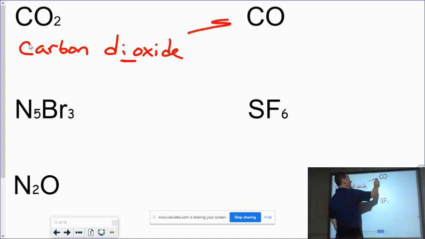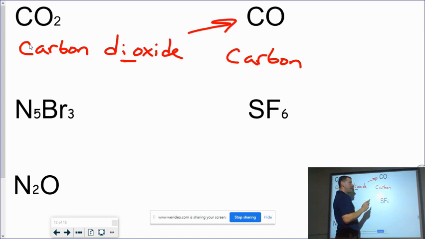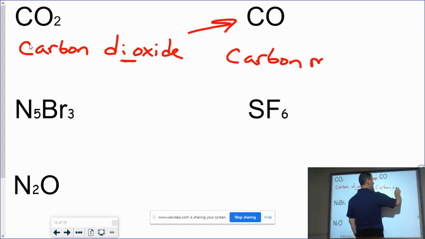So what's this one called? It's the stuff you breathe in that kills you. It's called the silent killer. It's found in cigarettes. If your furnace in your house goes bad, it might be pumping out a lot of this chemical, which could kill you. So there's only one of the first element, so carbon. And there's only one of the second element. And here we use a Greek prefix.